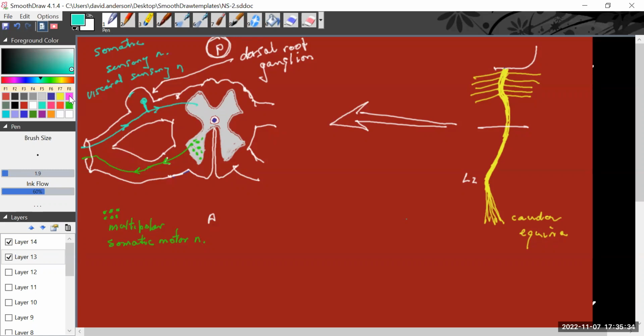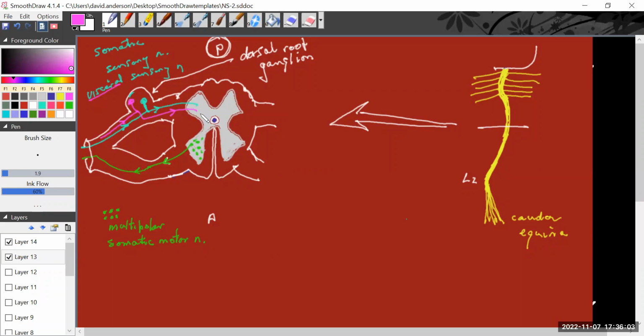Now I'm going to draw in a different one as well to indicate visceral as well as somatic. Okay, and they're going to enter through that dorsal root. But there's a cluster of the neurons that stay outside of the central nervous system, found in this dorsal root ganglion.